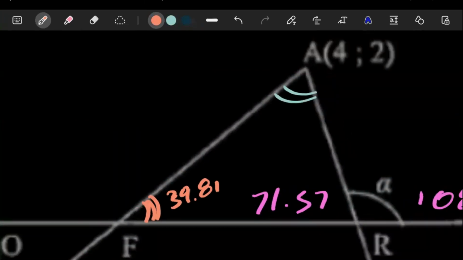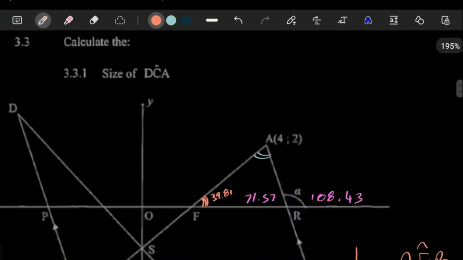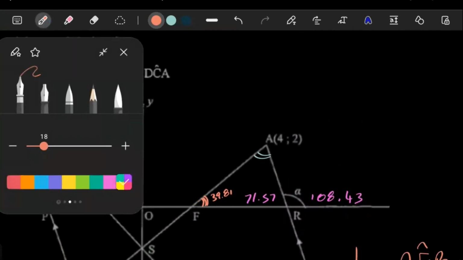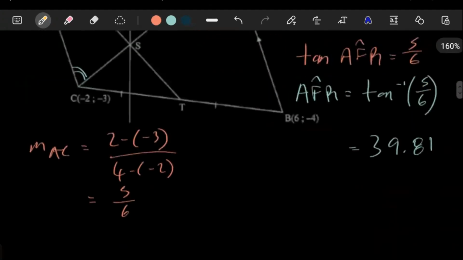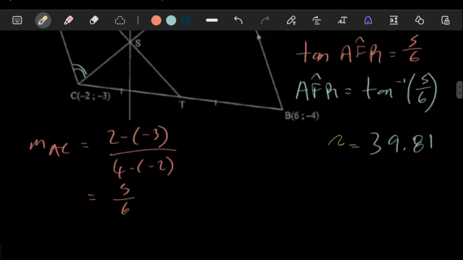39.81. Now, obviously, the fortunate thing is we can just put all this into the calculator. Let's put everything into the calculator and remove it from 180. So let's see here, this is AFR, right?